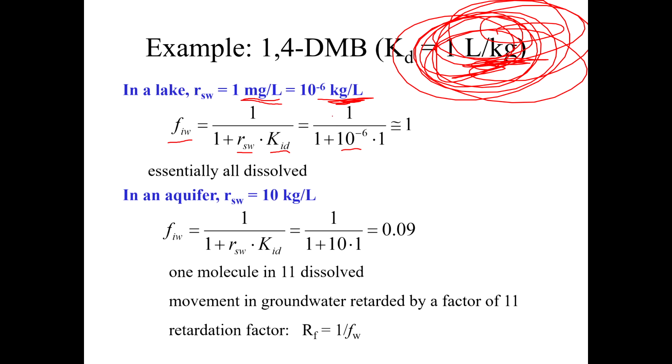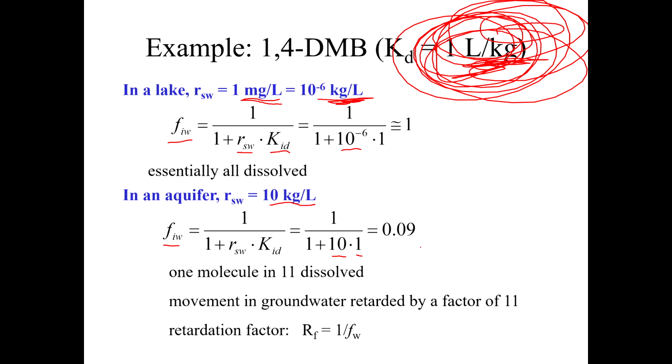But in an aquifer, your ratio of solids to water is much higher, 10 kilograms per liter, because you've got a lot of solids and not a lot of liquid here in your aquifer. And so now your fraction in the dissolved phase is 1 over 1 plus 10 kilograms per liter times 1 liter per kilogram. Again, the units cancel, and you get 1 over 11, which is about 0.09, or 9%.